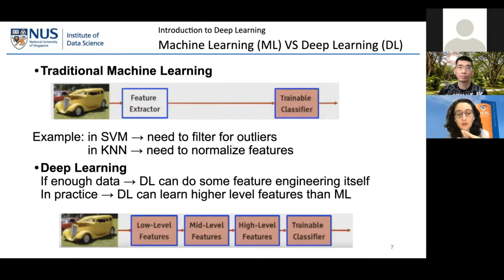And then you can expect those deep learning models to do some feature engineering for you. So the idea is that it will extract different kinds of features, low-level features, mid-level features, high-level features, etc. And those features would then be given to the classifier. Okay.